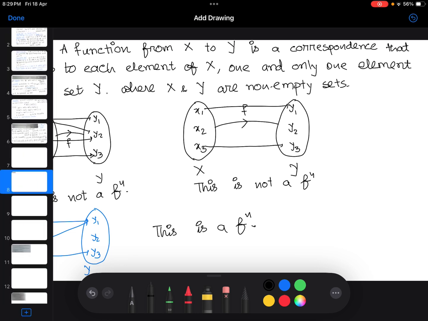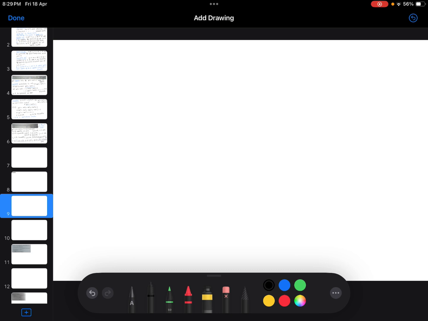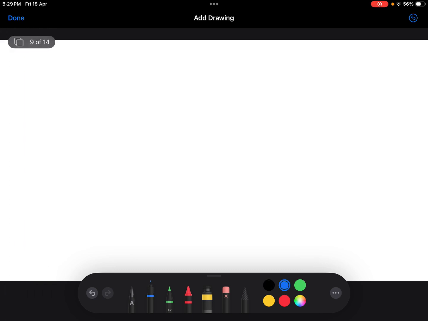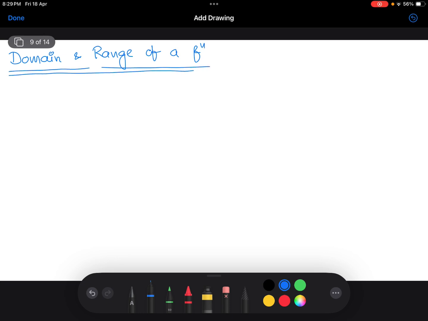Now go to the next slide and we will need to know about what is domain and range of a function. Let us define a mapping f from A to B, where A and B are non-empty sets.